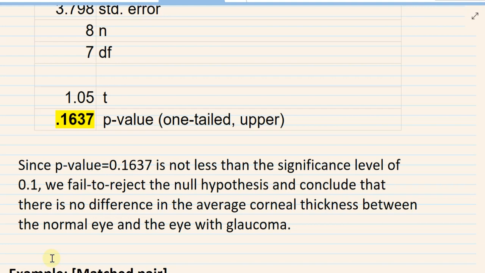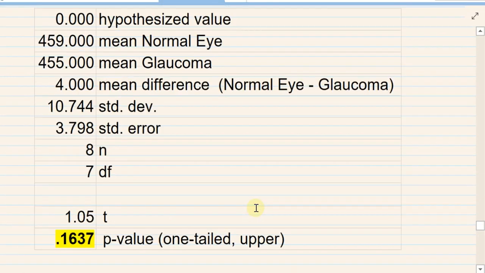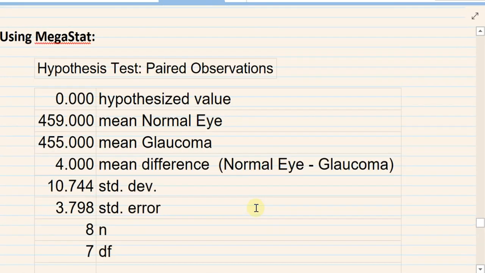So since the p-value is not less than the significance level of 10%, we fail to reject the null hypothesis. And we conclude there is no difference in the average corneal thickness between the normal eye and the eye with glaucoma. Okay, so let's now go and actually do this in Excel using Megastat.